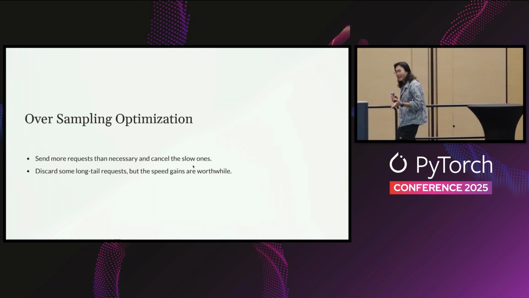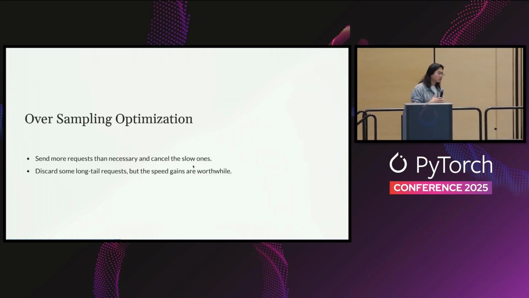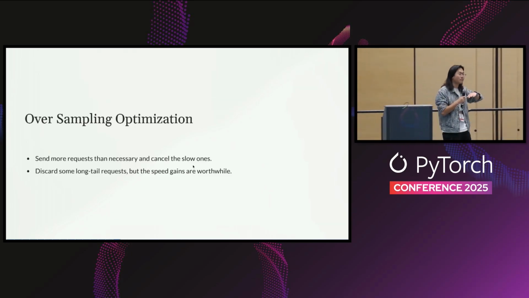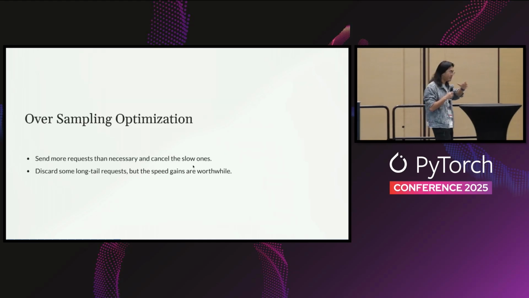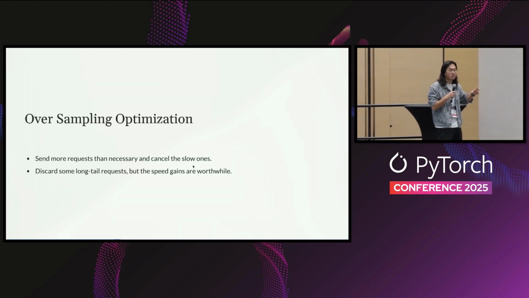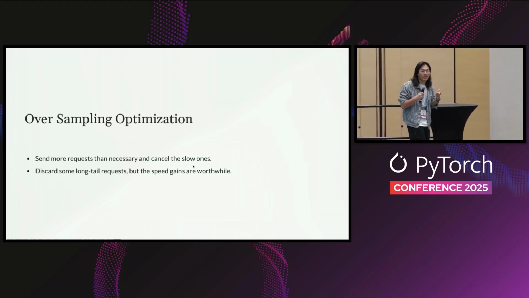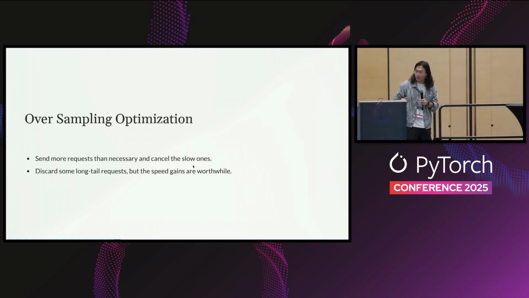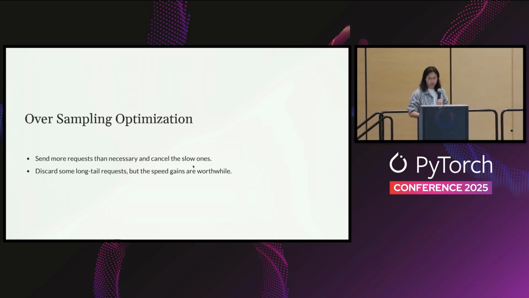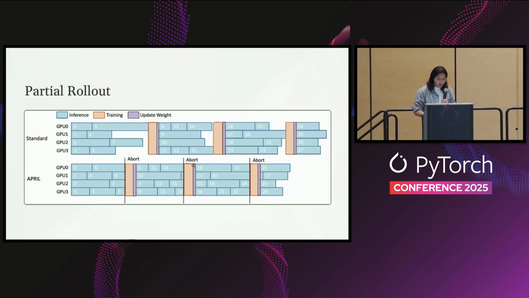And a more dedicated usage is that we take these unfinished ones and cache them onto storage. The next time, we first get these unfinished ones from our cache, and we let these prompts in the cache finish first. So that's the idea of oversampling and partial rollouts.